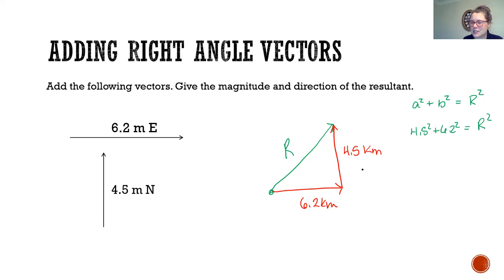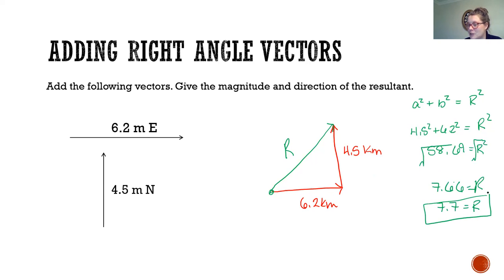And we get 58.69 equals r squared. Take our square root. And r is equal to 7.66. I'll say we could even go 7.7, which would probably be better rounding because we've got one decimal place on the rest. So that is the size of r.